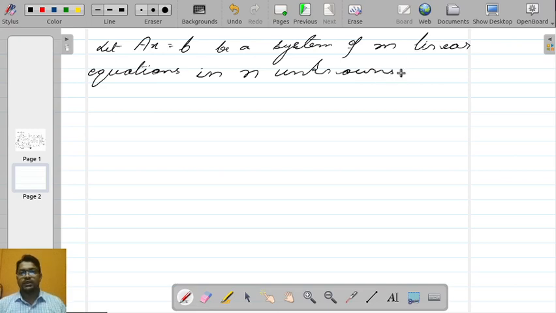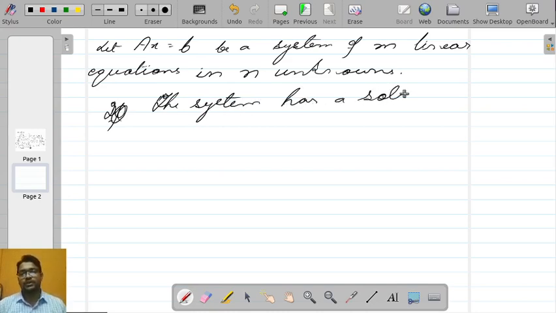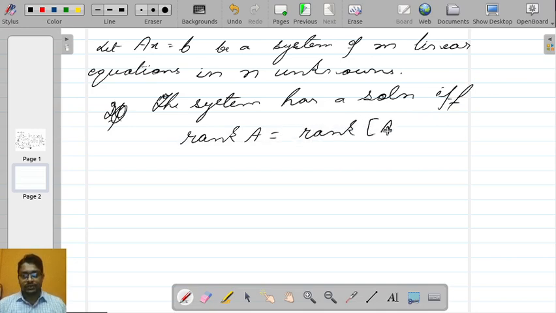Then the system has a solution if and only if the rank of A is equal to the rank of the augmented matrix, equal to R, say. Let us take this as R.